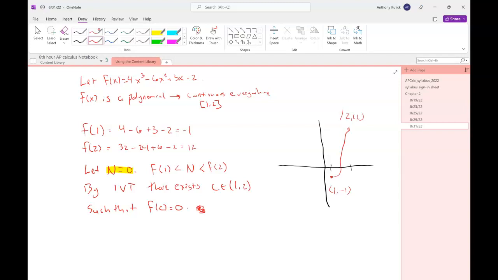And we're continuous. Did this pass the x-axis somewhere? Of course it did, right? That's all the intermediate value theorem is saying here. Since our function started at (1, negative 1) and ended at (2, 12), and it was continuous the whole way through, of course there has to be a place where the y-coordinate was 0. Of course there's a root in there. Fairly simple idea, right?